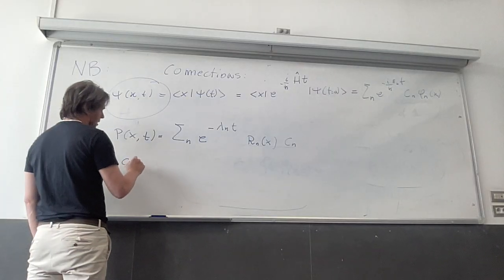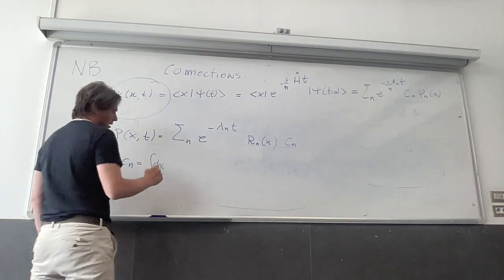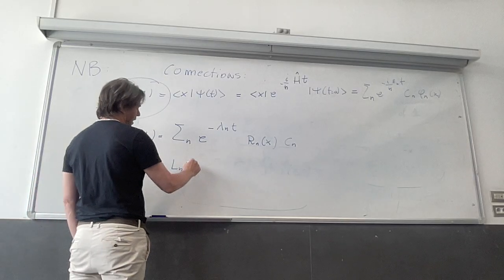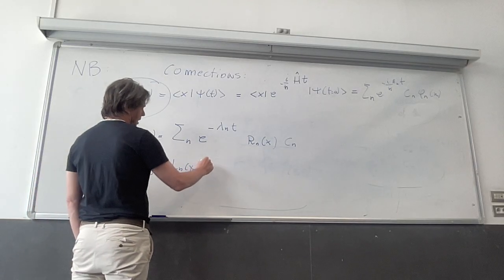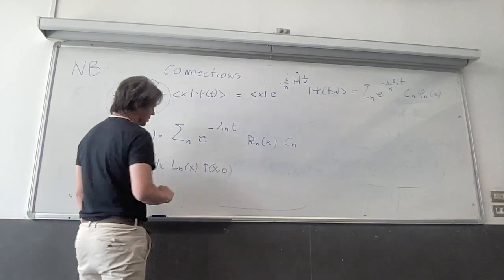And Cn is equal to the integral dx of left n of x, and then the probability of x naught.